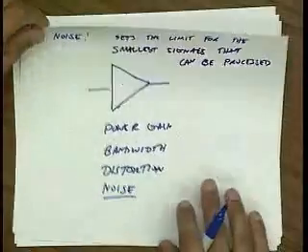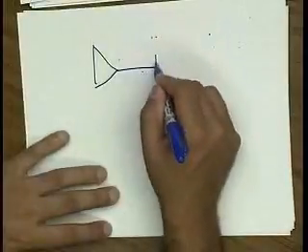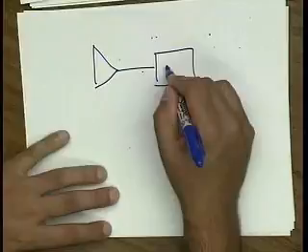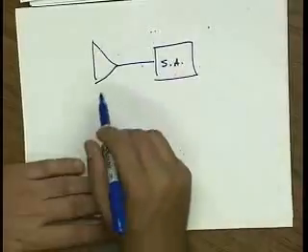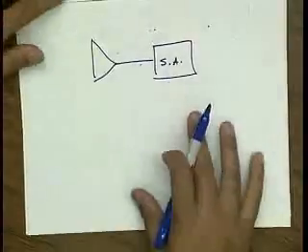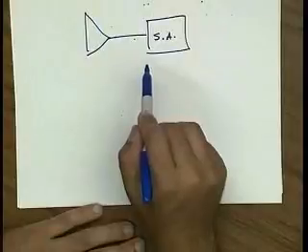In other words, if I take the output of my amplifier and look at it on a spectrum analyzer, okay? A spectrum analyzer, in a very rough way to look at it, is plotting how much power is in a given frequency band, okay?